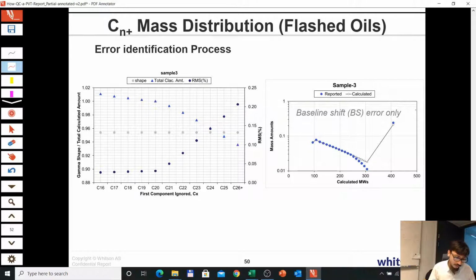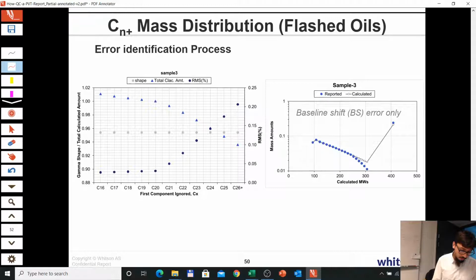again we do the same exercise, plotting the CX versus the total calculated mass, and also the RMS is here. And again, first we need to find out what the CX value is.